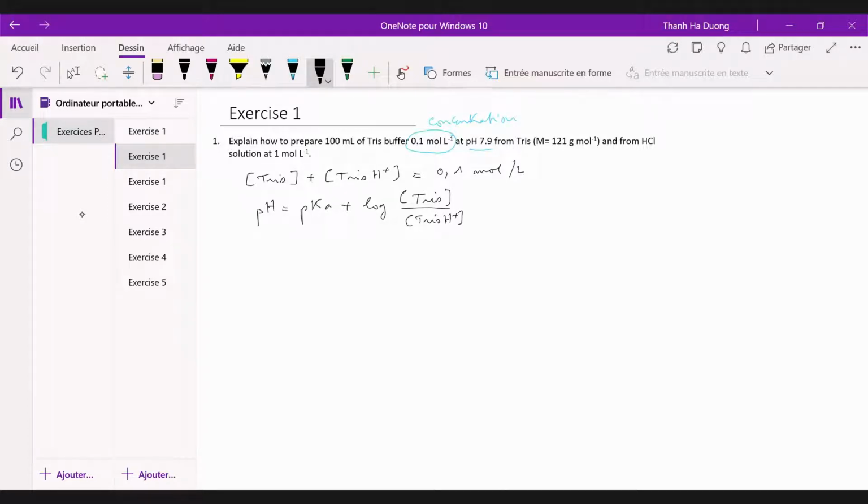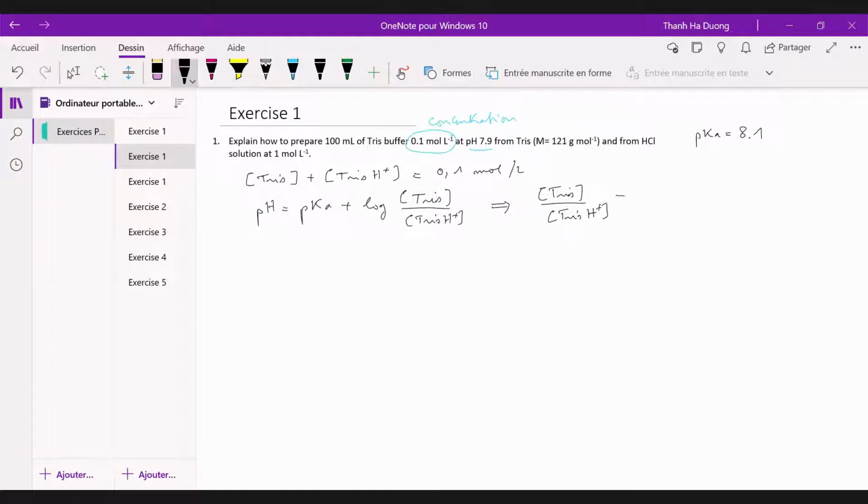From this equation you can obtain the ratio between Tris and Tris H+, because you have the pKa, which is 8.1, and you have the pH, which is 7.9.